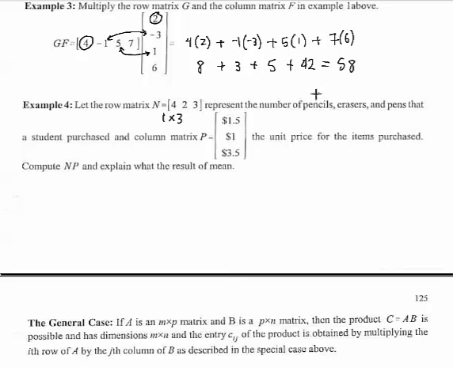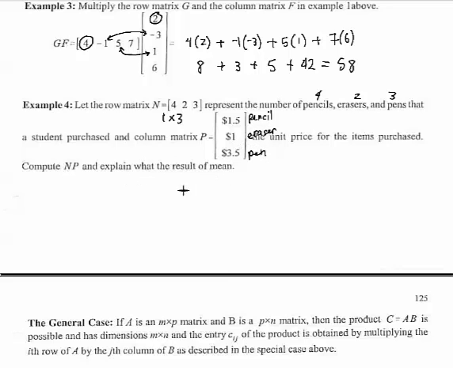So 4, 2, and 3 that a student purchased. And then we have a column matrix, which represents the amount of money, so this is the price of a pencil, $1.50, and then $1 is the price of an eraser, and $3.50 is the price of a pen.